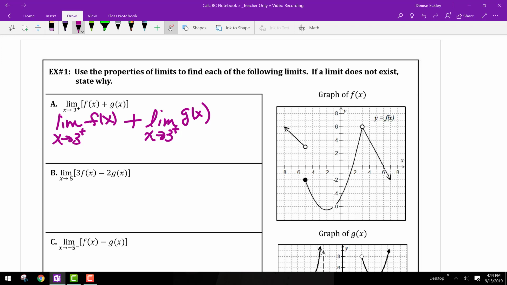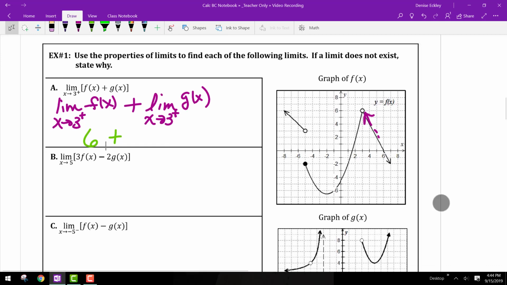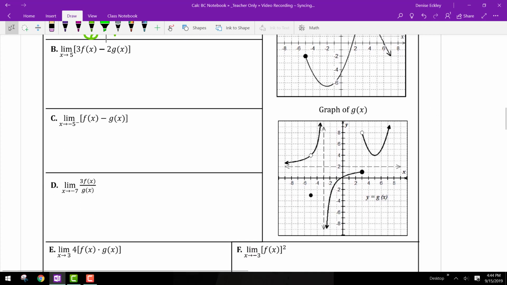Okay, so first looking at the graph of f, we're going to find 3, and we're going to come towards 3 from the right-hand side, and we reach a value of 6. And then we're going to look at the graph of g, which is right here, and we're heading towards 3 from the right.